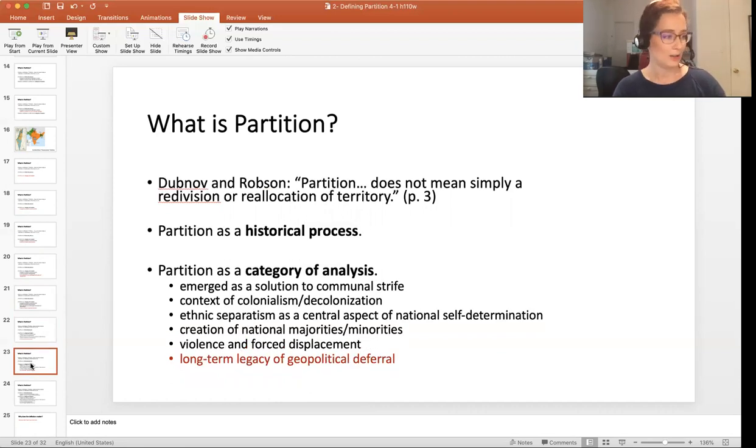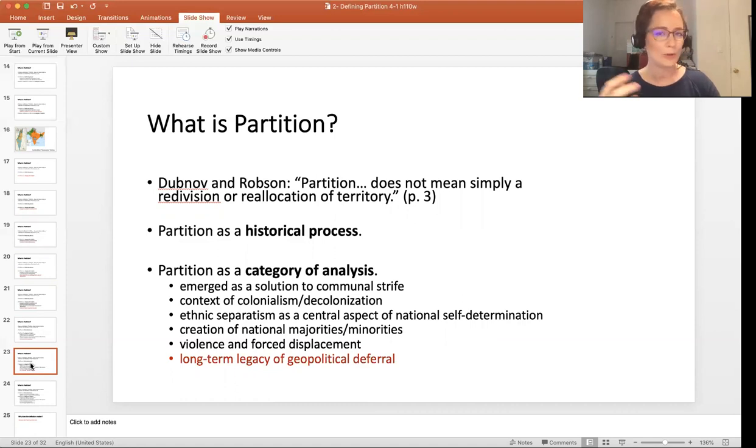And finally, the lasting legacy of partition is a tendency towards the geopolitics of deferral. That's what Dubnov and Robson call it, the geopolitics of deferral, which I like. What they mean by this is that states that are impacted by partition are hindered in their ability to solve political problems in a number of ways that are predictable and comparable and analyzable, okay?